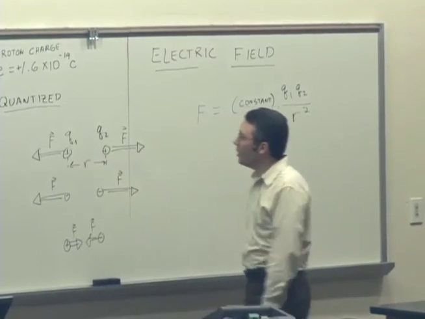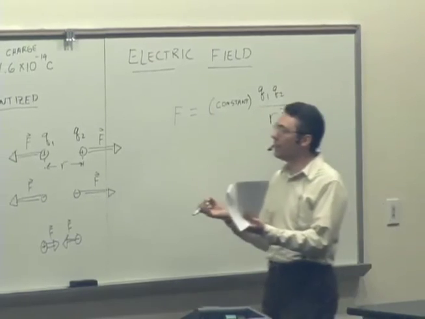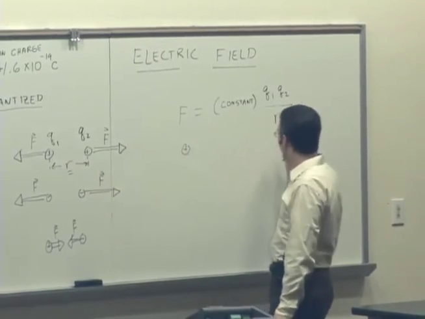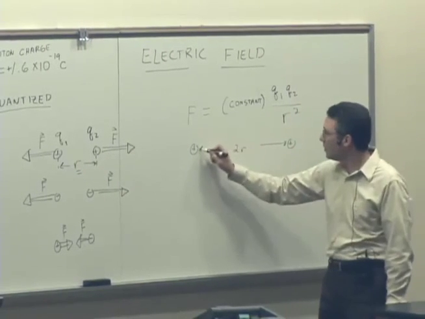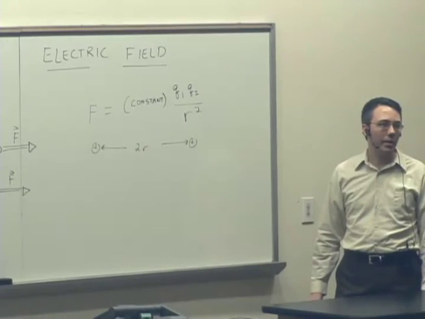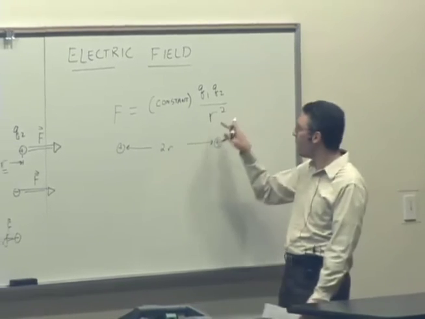if I have two particles near each other at some distance r, and they're now at a distance that's twice as far away, if this is now 2r, what happens to the force? It's 4 times smaller, right? It goes down by a factor of 4.